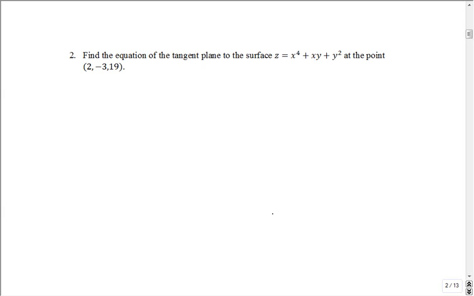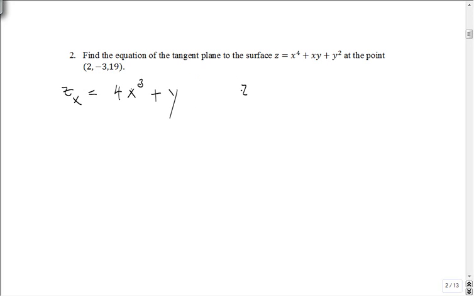Okay, so we don't need to do that part. So let's find the partial of z with respect to x. Give me that, please, one person. Go ahead. 4x cubed plus y. Why y? Partially differentiating xy with respect to x is just y, right?